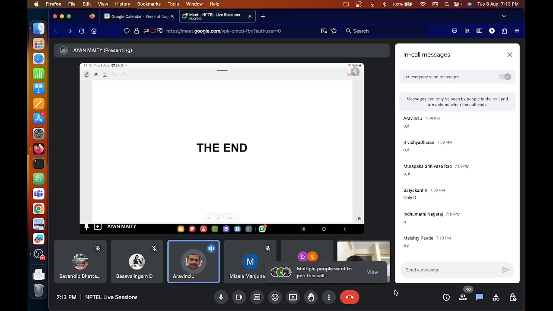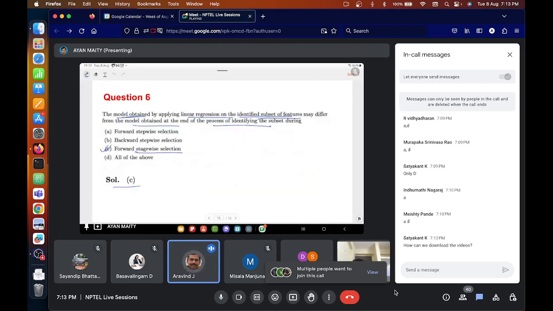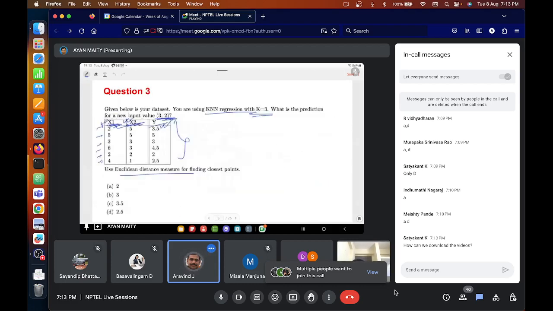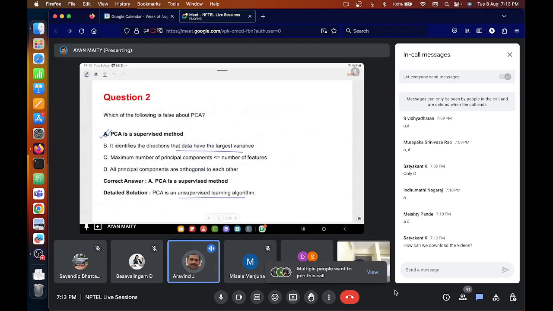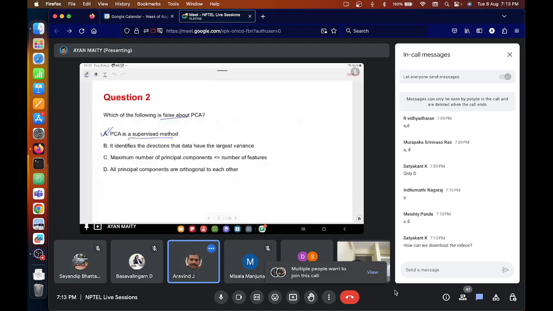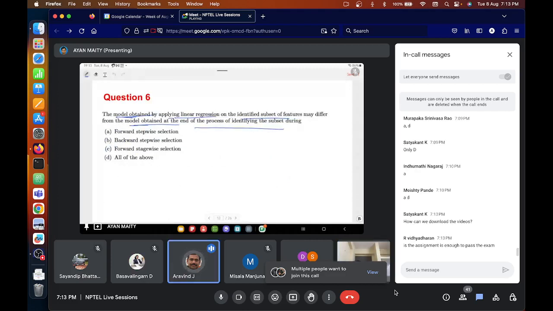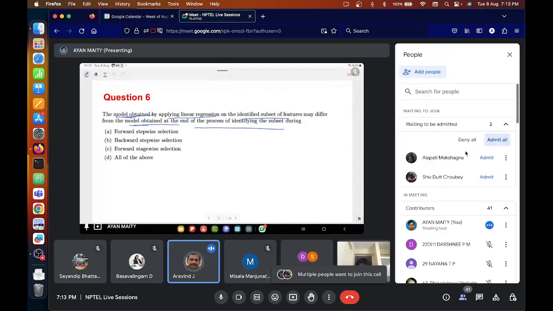Sir, on the second question, forward stepwise selection and backward stepwise selection, how are they different from forward stage-wise selection? In the sixth question, in forward stepwise selection and backward stepwise selection, we take features in a greedy method, right?